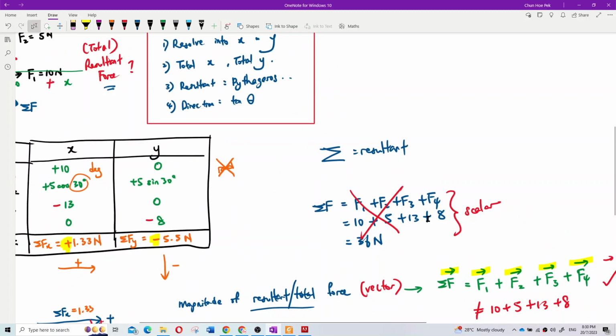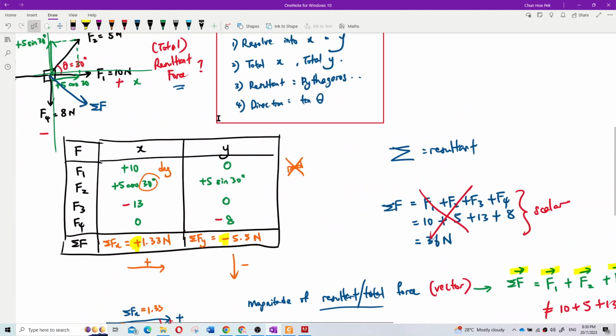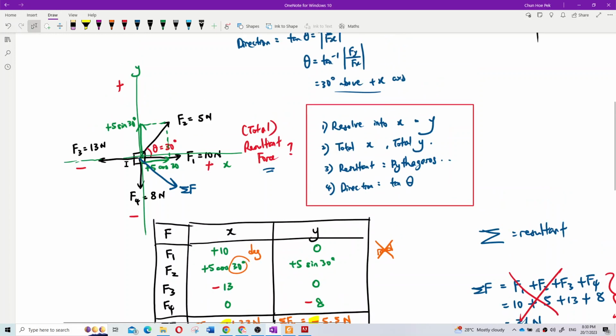Understand? We have to consider their direction. That's why we have positive direction, negative direction, all this. Because direction is important. Because, like you see, force F1 going to the right, force F3 going to the left, they do not add up. They cancel each other. They become a weaker force, not a stronger force.